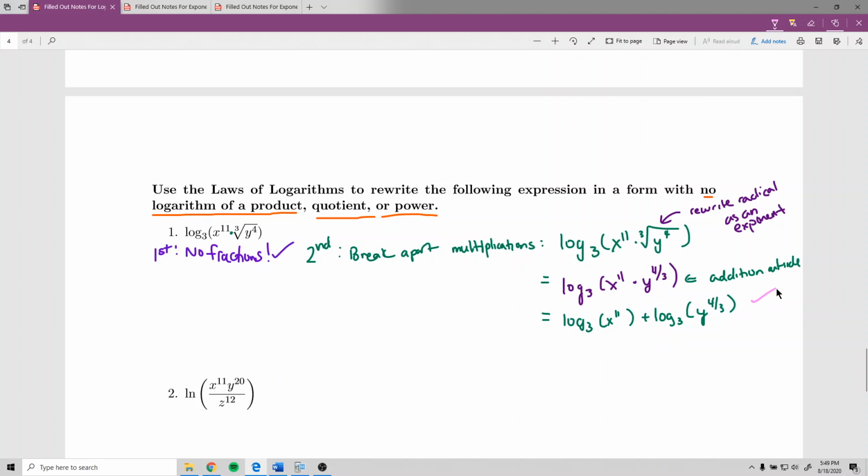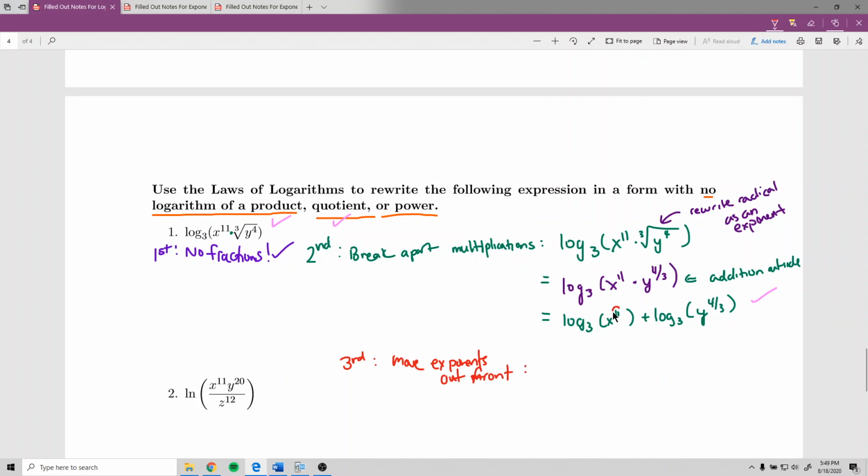There were only exponents. So we've taken care of the products and quotients, but now we need to get rid of the powers. So the third and final step, move the exponents out front. It's the only way you can move them.